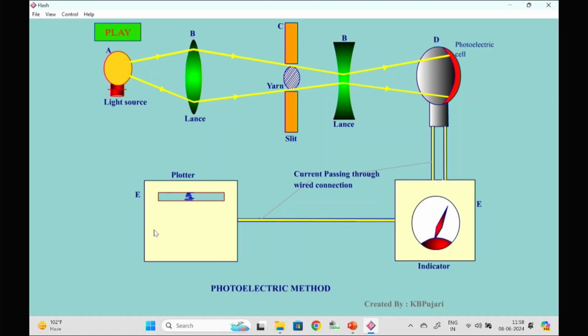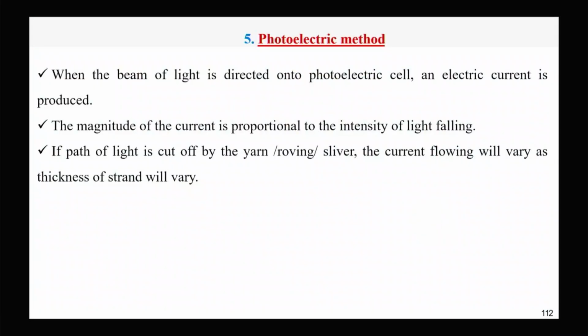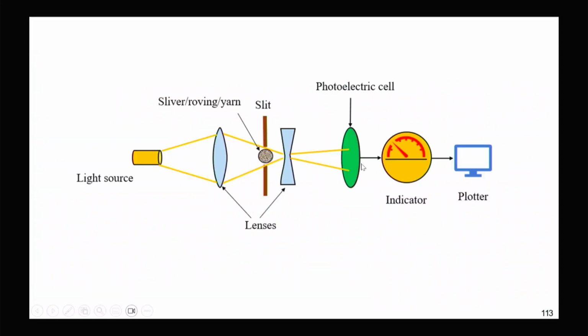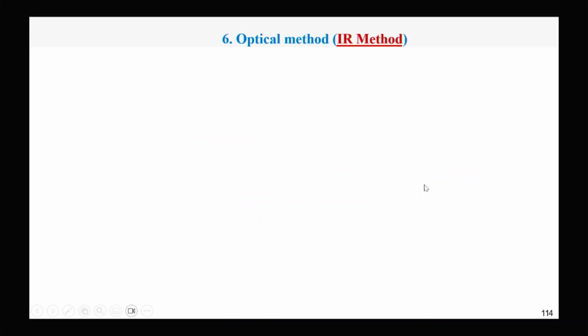So this indicator, it's reflected. So we can plot the variability as yarn moves through the sensor. Here this is given.